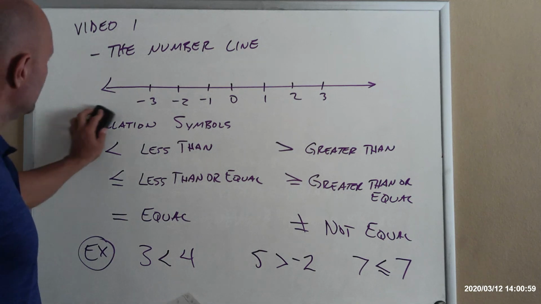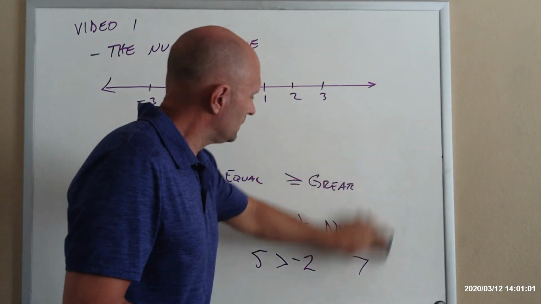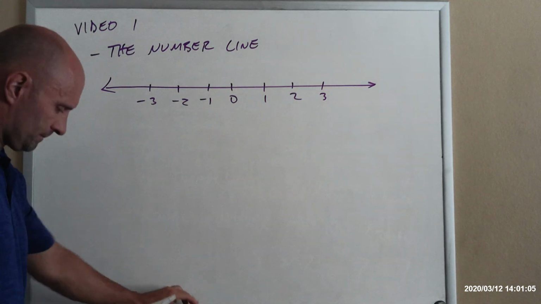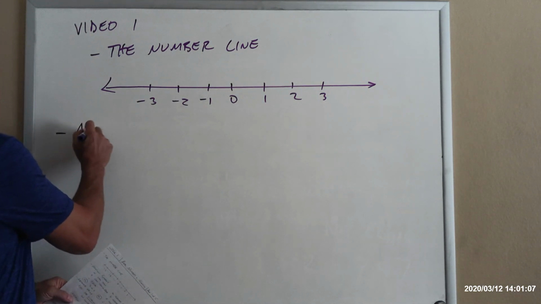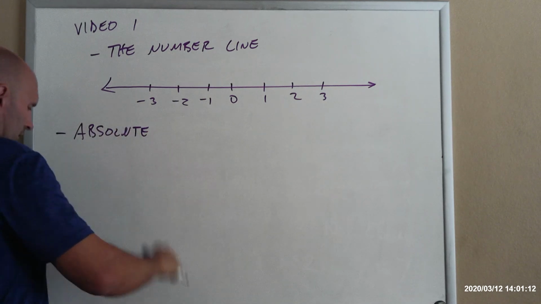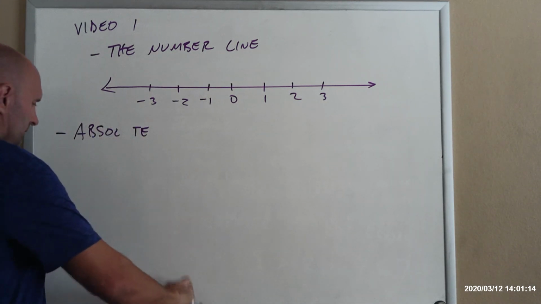Alright, so I'm going to leave the number line for a second. The next topic we're moving on to here is absolute value. Let me write that out for you guys.